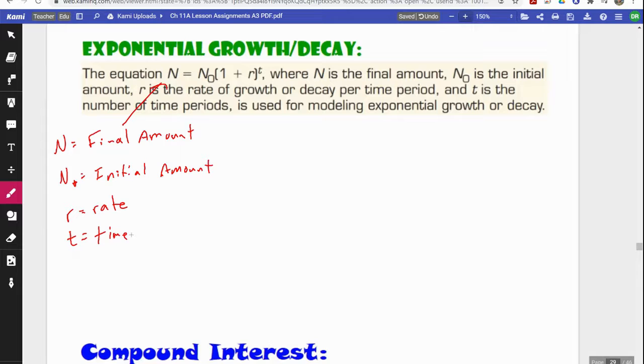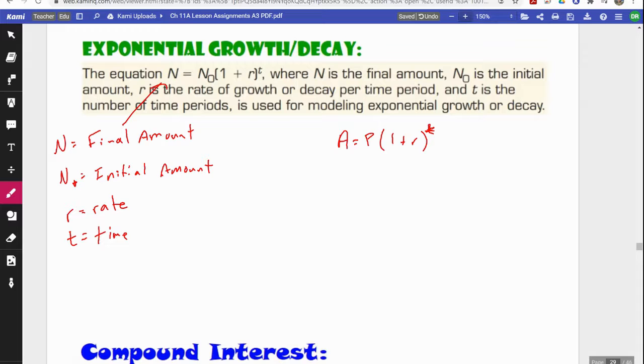Now I want to compare this to something that we had learned before, last year mainly, that this is the same formula as A equals P, where A is your final amount and P is your principal or initial amount, times 1 plus r to the t power. These are the same formula. We just call them different variables. And this one specifically, when we have P for principal, it's kind of insinuating that we are using money, or a loan or an investment.